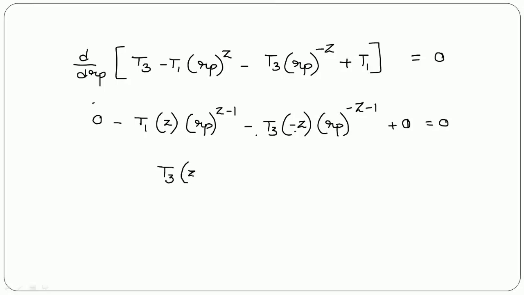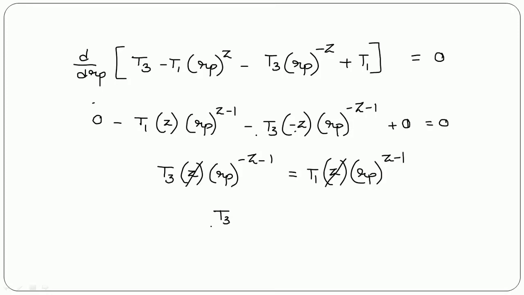So T3 into z into Rp to the power minus z minus 1 is equal to T1 into z into Rp to the power z minus 1. So z gets cancelled, and from this we can write T3 by T1 is equal to Rp to the power z minus 1 by Rp to the power minus z minus 1.